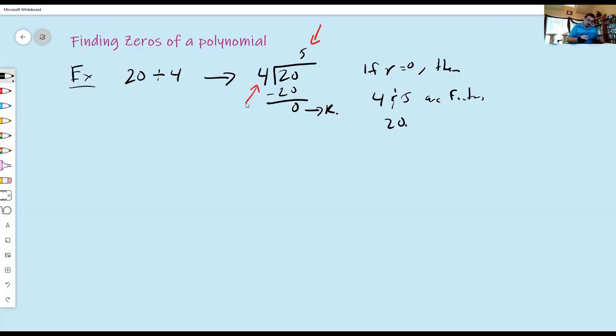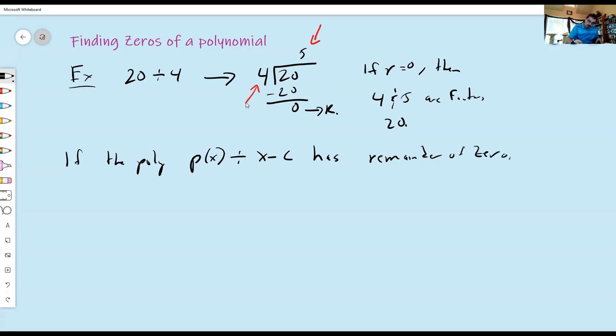Or in terms of polynomials, if the polynomial p of x is divided by x minus c, and has a remainder of 0, then x minus c is a factor of p of x.